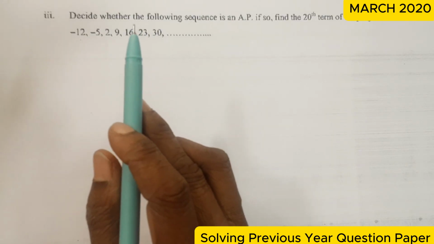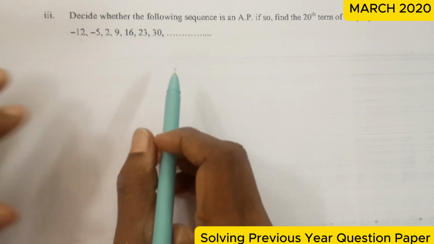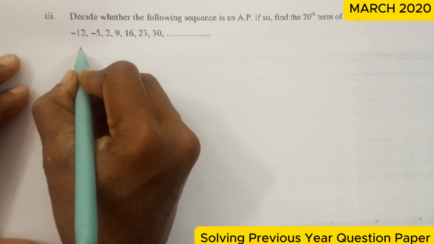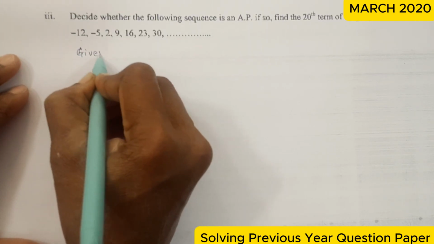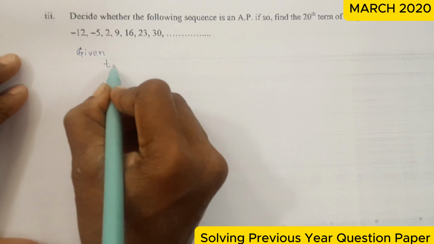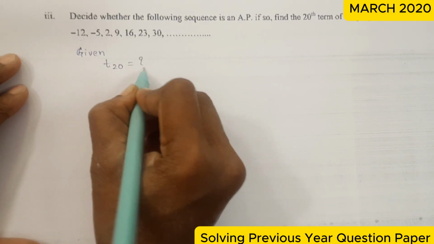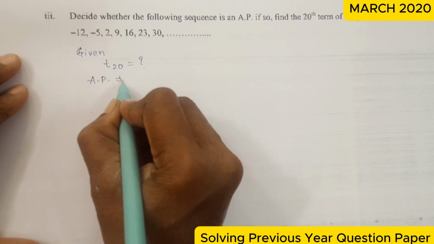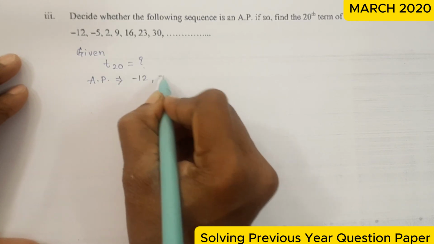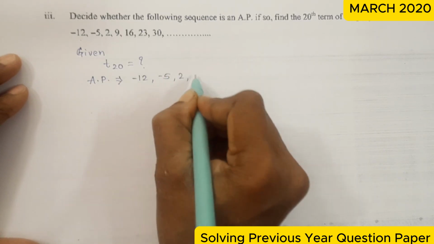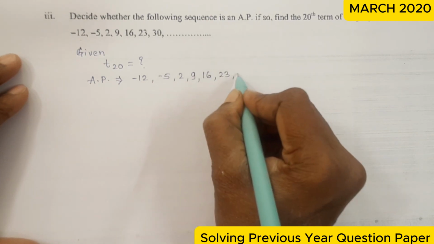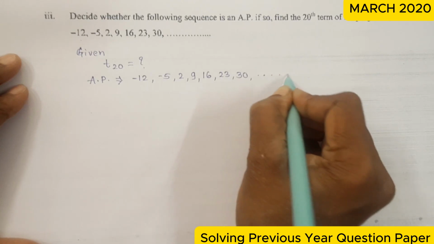Now here students, first we write the given, that is find the 28th term. So T28 is equal to question mark, and here I write the AP as -12, -5, 2, 9, 16, 23, 30, and so on.